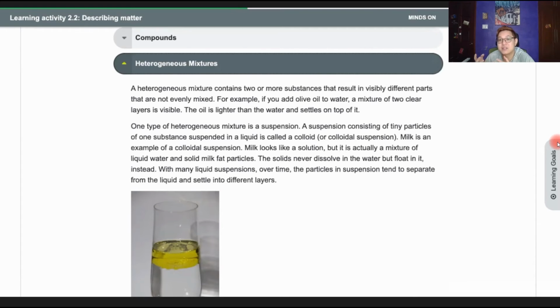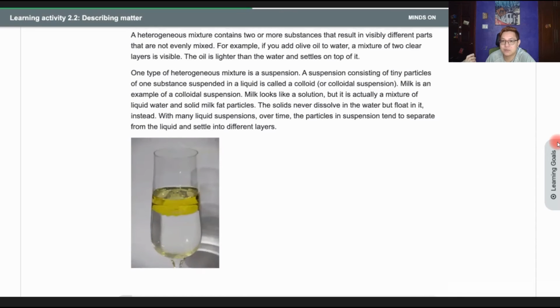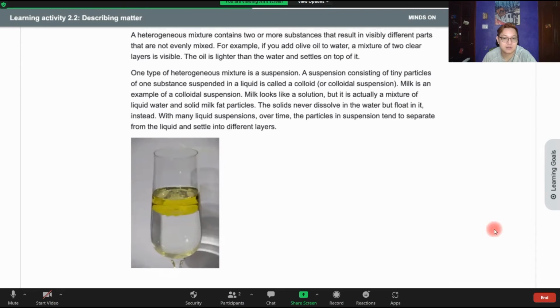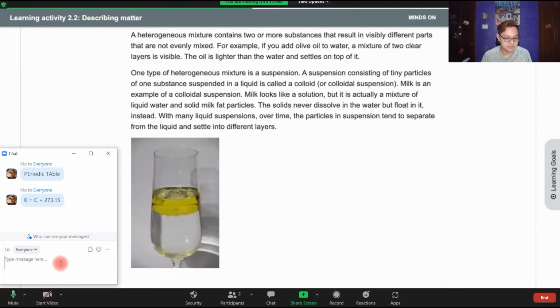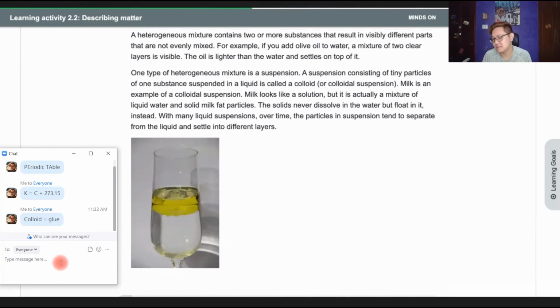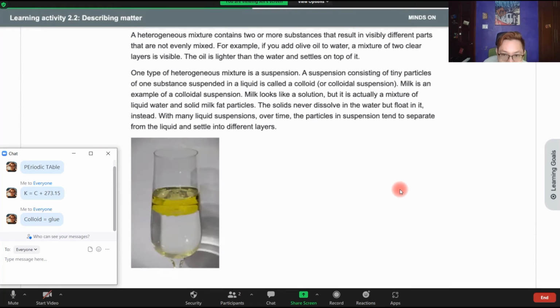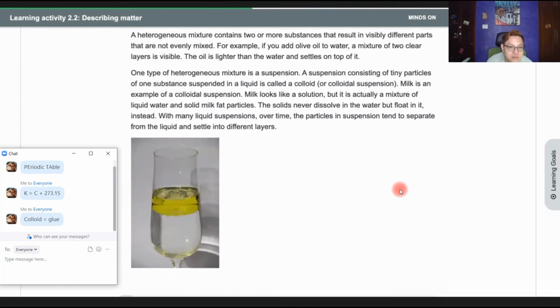Just think of it as glue, like the glue that you used in the classroom to stick things together. It's not fully mixed. It just floats on top of something else.